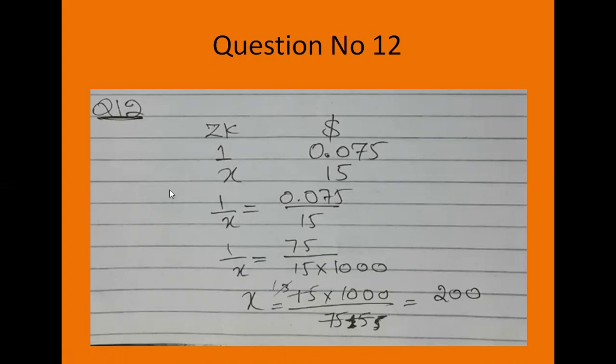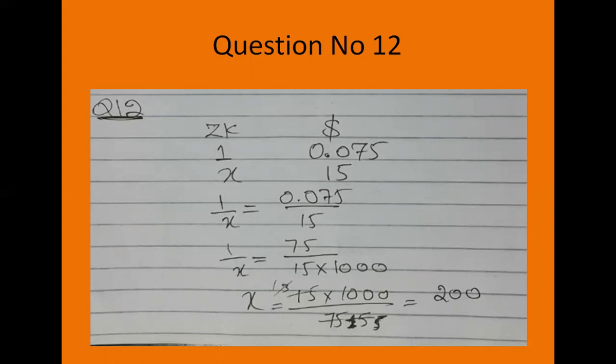I cancel them: 5 threes are 15, and then 3 fives are 15. You are left with 1000 divided by 5, and that will be 200. So for $15, you will get 200 ZK.